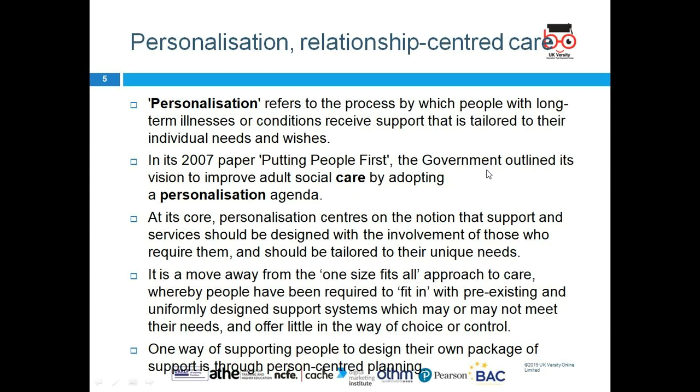In 2007, the government put out a paper called Putting People First, used to improve adult social care by adopting a personalization agenda. So what they're doing is they've put into place where you're getting a personalized care plan for yourself.